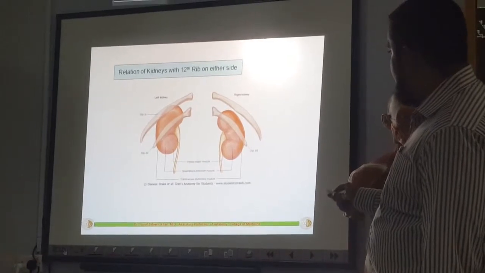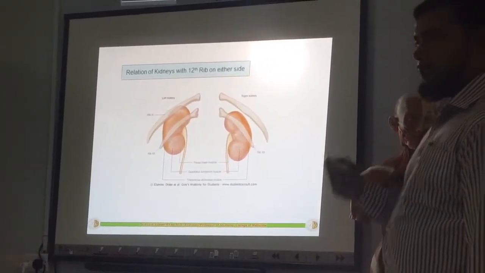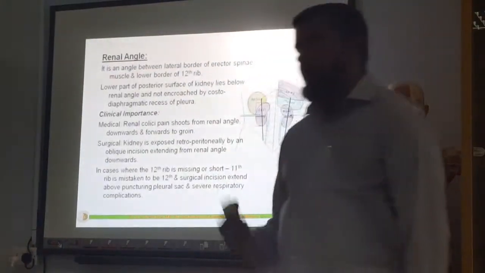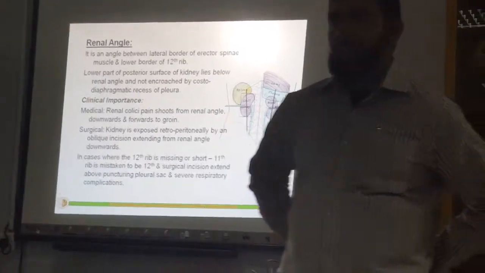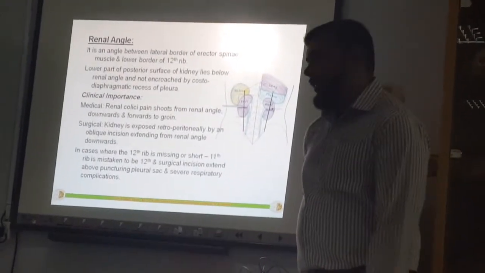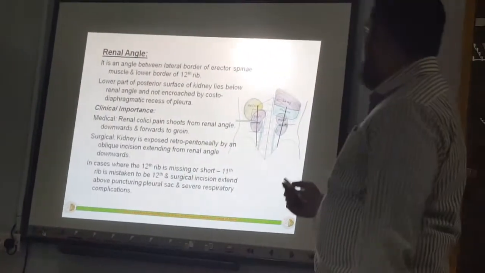But on the left side, the 11th and 12th rib both pass through the kidney. So there is a difference between the right and left side. Why is it important? Because whenever you are approaching the kidney from behind, if you are doing any surgeries, you should know the relation of the ribs.